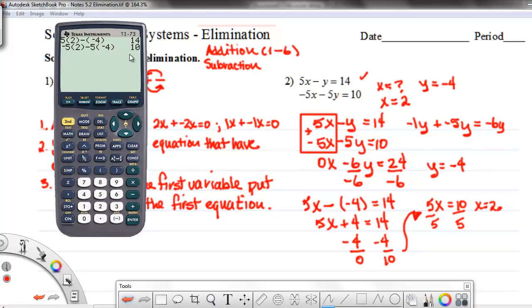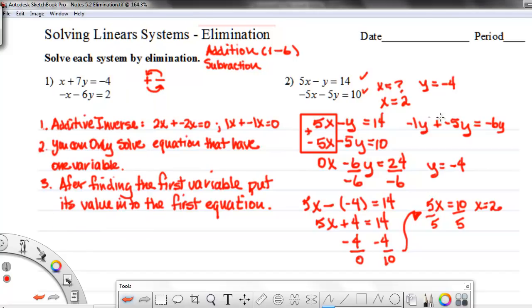The second equation is supposed to equal 10. That means that I do have the correct ordered pair. Now remember, your final answer needs to be written as an ordered pair. Remember that the x value goes first and the y goes second. That's a common mistake that students often make. So there is your answer for question number 2.